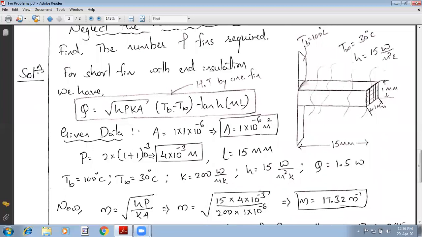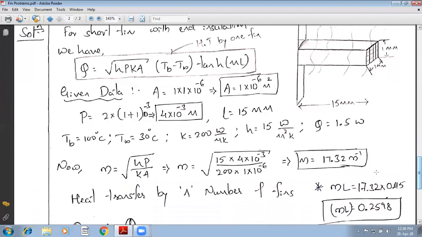T_b is 100 degrees Celsius. As discussed, T infinity is 30 degrees Celsius. You need to calculate the value of m, which is given by root of hP by kA. If you substitute the values, you will be getting 17.32 per meter. If you consider the product of m into L, which is 0.2598.